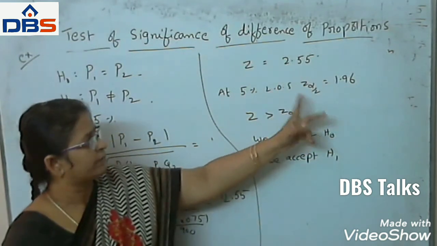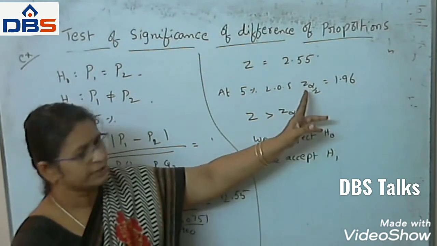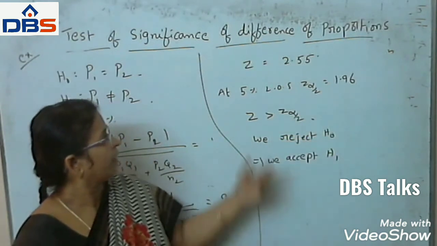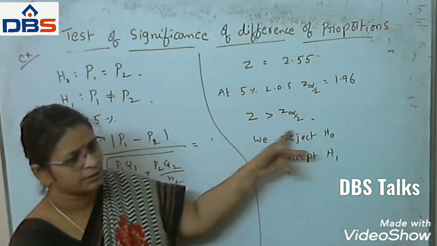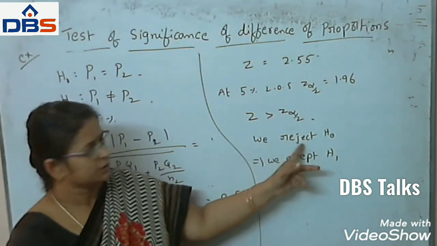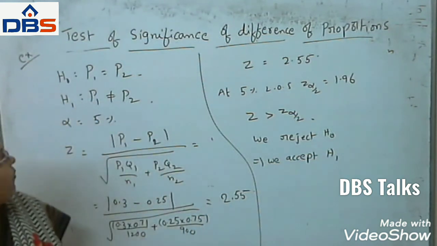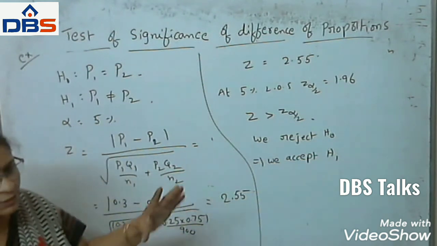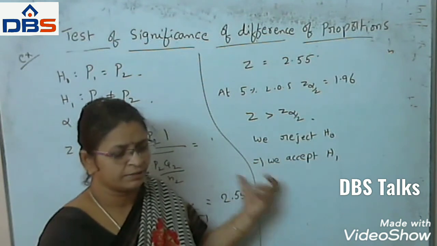The value of Z from the table, Z alpha by 2, is 1.96. Z is greater than Z alpha by 2, so we reject H0 and accept H1. That means the two population proportions are not equal. There is a significant difference between the two population proportions.